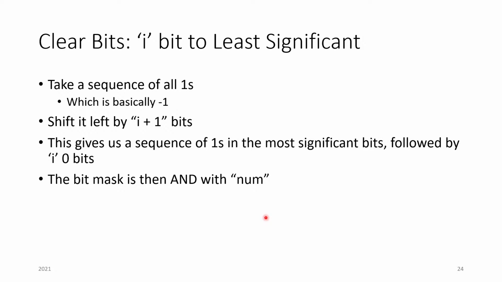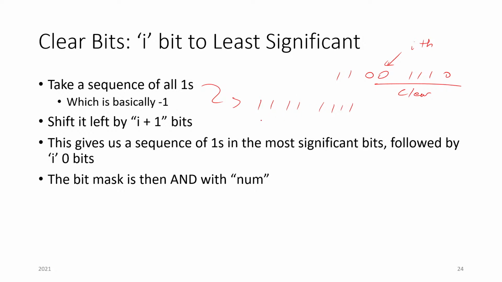So let's say for this particular case, we had 1, 1, 0, 0, 1, 1, 1, 0, and we wish to clear these 5 bits here. When we start our sequence of ones here, it's going to be 1, 1, 1, 1, 1, 1, 1, 1. Up to here is your ith bit. So we need to make sure that we shift this entire sequence by I plus 1.